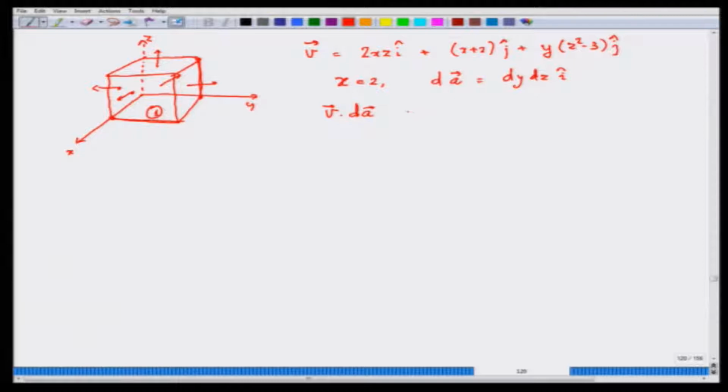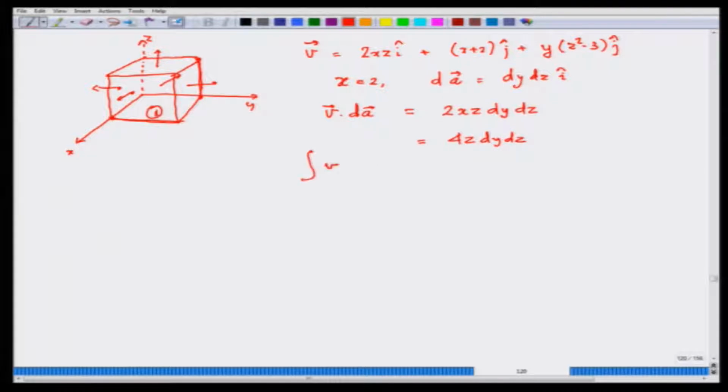Keeping x equal to 2 in mind, my v dot dA would become 2xz dy dz. Of course, you can ask about this: here we are doing a dot product, so you take the coefficient of i in v and the coefficient of i in dA, and multiply them. Now x is anyway 2, so it becomes 4z dy dz.